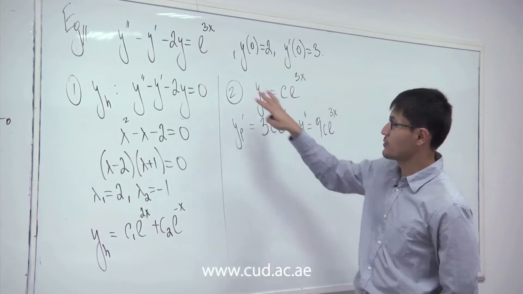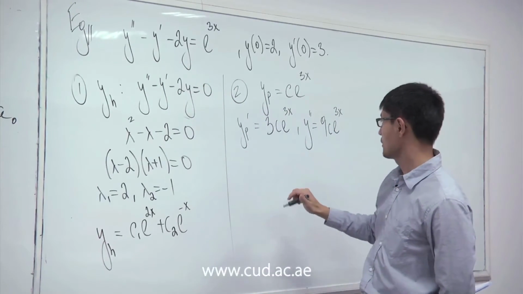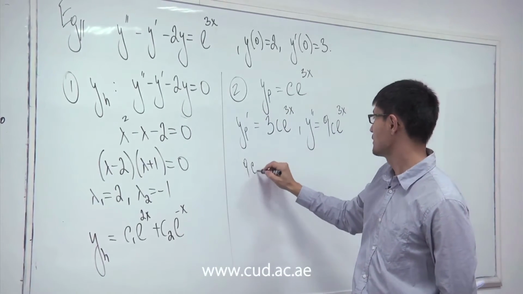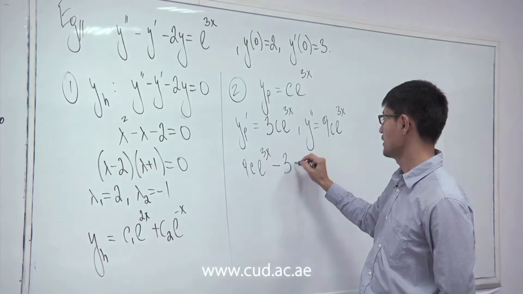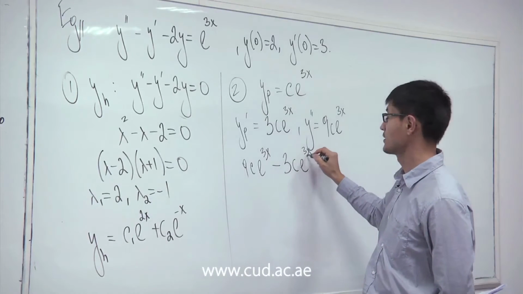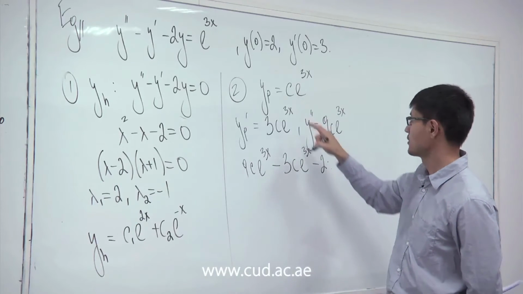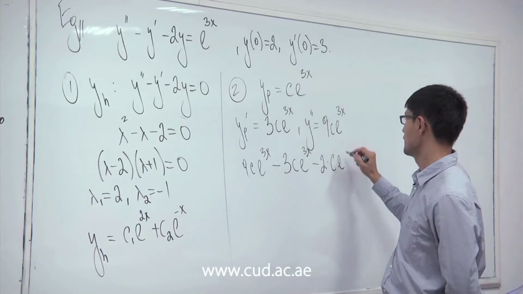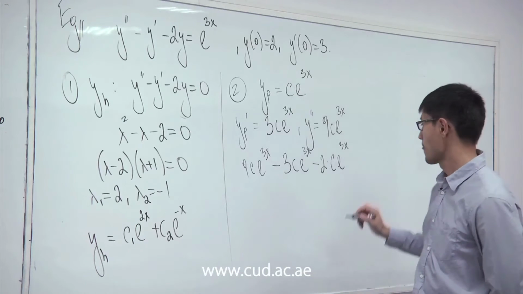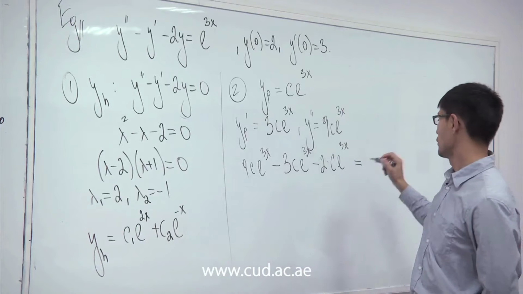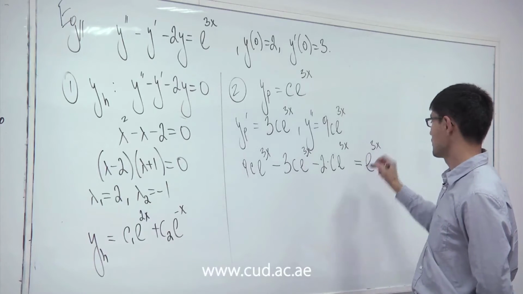So if I take these terms and plug them into the left-hand side of the equation, I'll get 9c e^(3x) - 3c e^(3x) - 2c e^(3x). So that's the left-hand side of the differential equation. And this must be equal to whatever we have on the right-hand side, which is e^(3x).